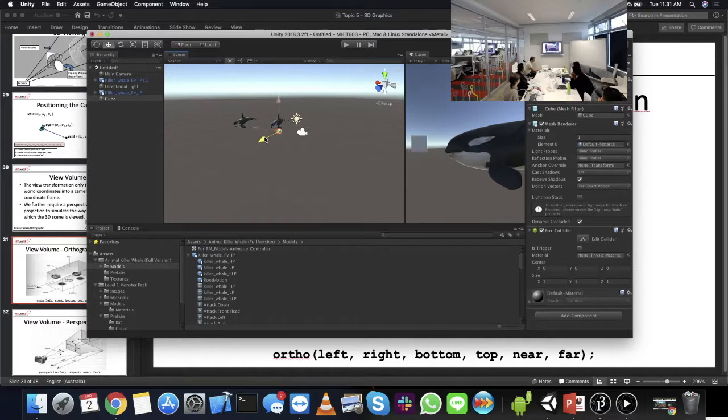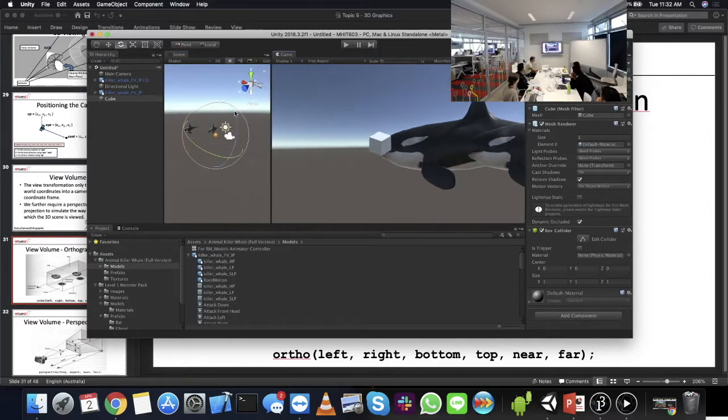Oh, moving it to the camera doesn't really make any difference. But if I rotate this cube round, we'll see that no matter which way I rotate it round, the cube appears, all four sides are the same size, and all lines which should be parallel are parallel, as we would expect.